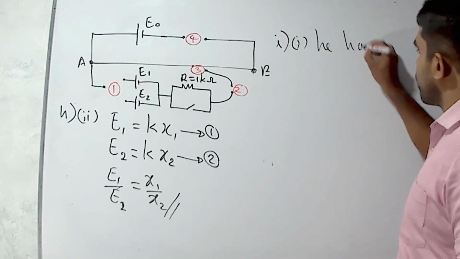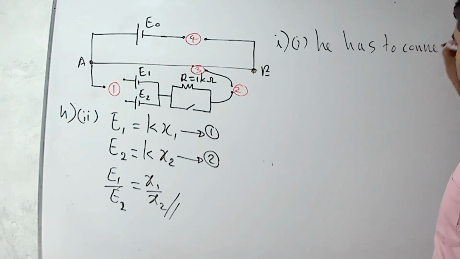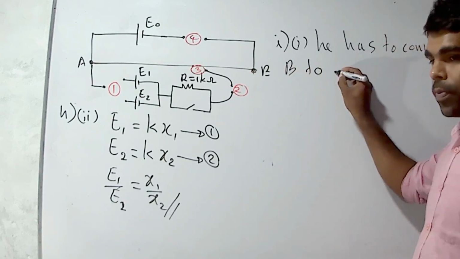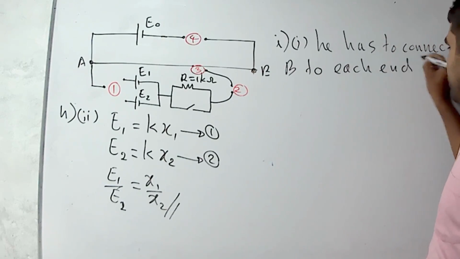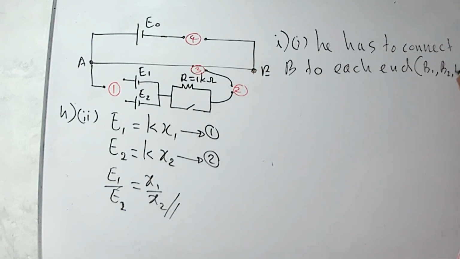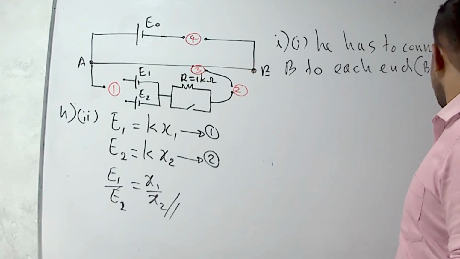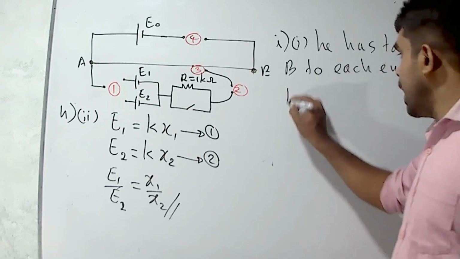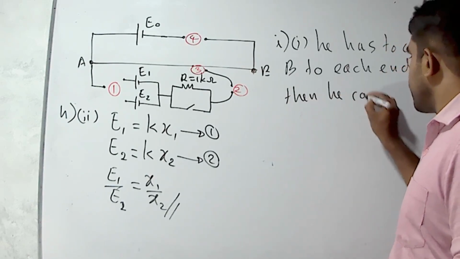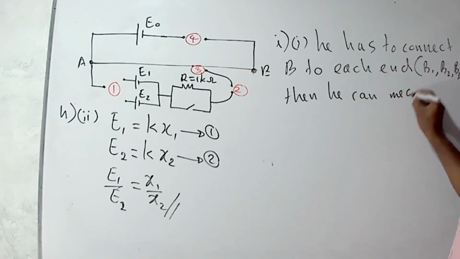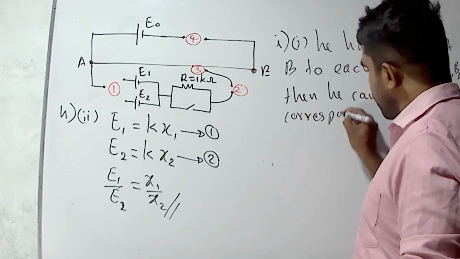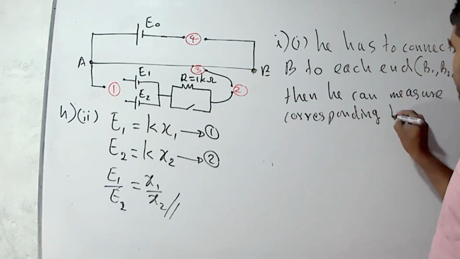He has to connect B to each end, that means B1, B2, B3, and then he can measure the corresponding balance length.